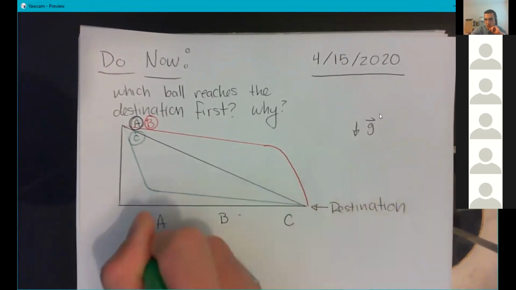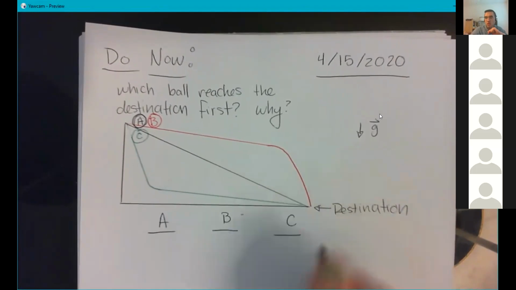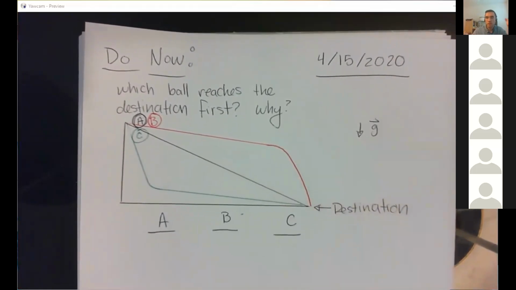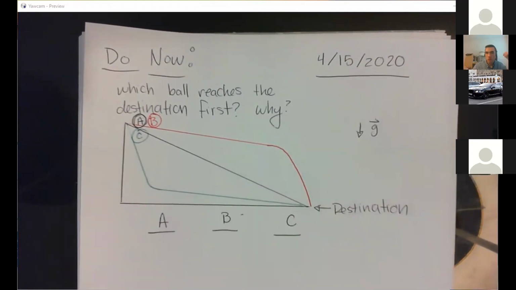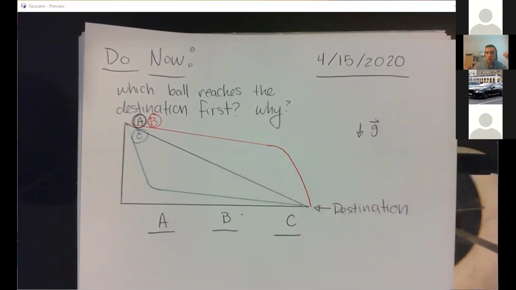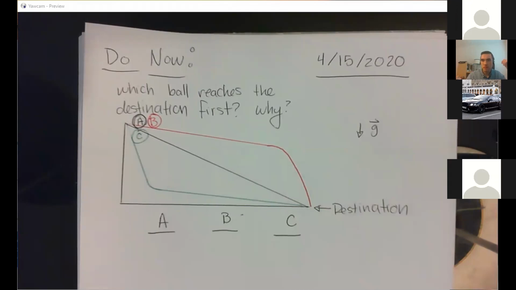Let's do this. On Zoom, there's an option where you can raise your hand. Do y'all see where that is? Okay. So if you think it's A, click raise your hand.